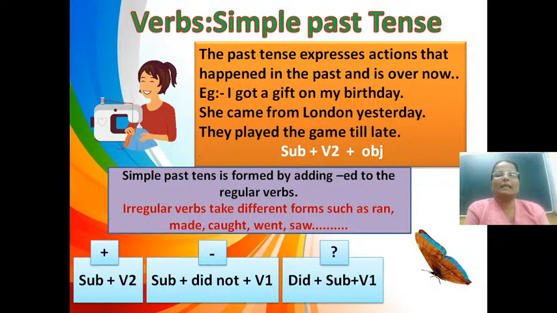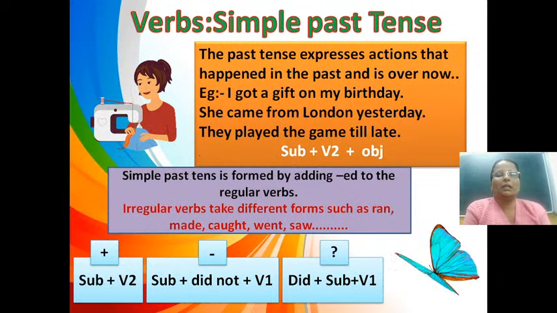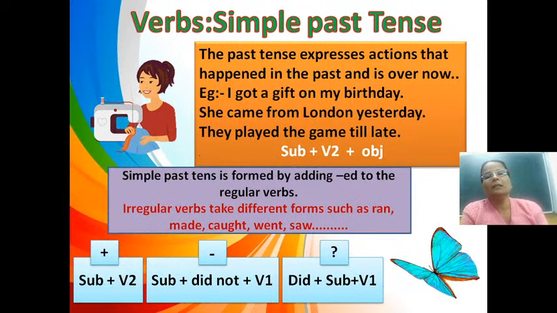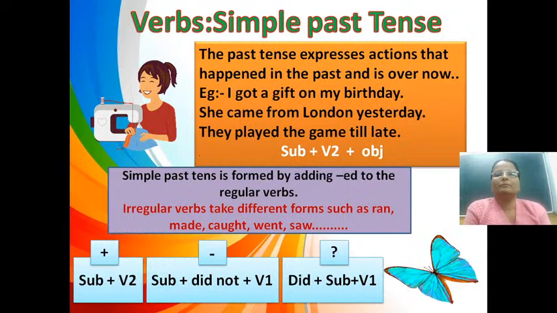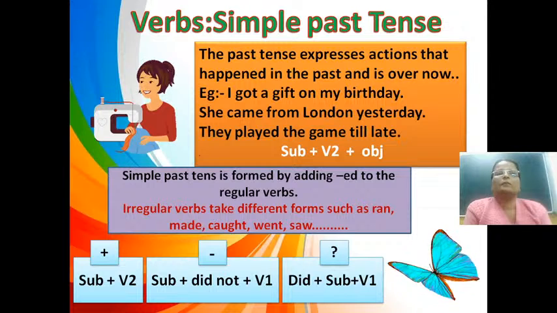She danced gracefully, or she danced on my birthday. She is the subject, danced is the V2, the past tense form of the verb, and on my birthday is the object. I hope you understood the format.